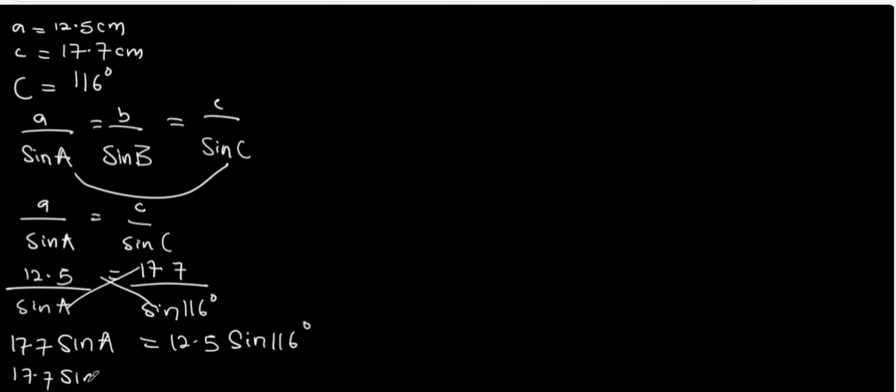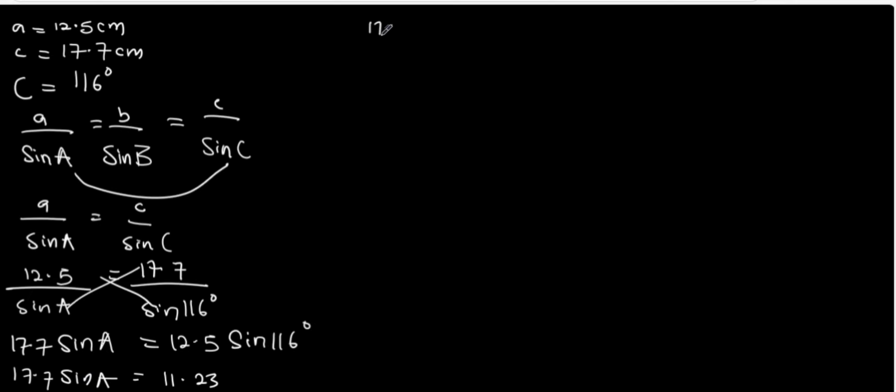Using my calculator, 12.5 sine 116 gives us 11.23. To find angle A, we need to isolate sine A from 17.7, so we divide both sides by 17.7.